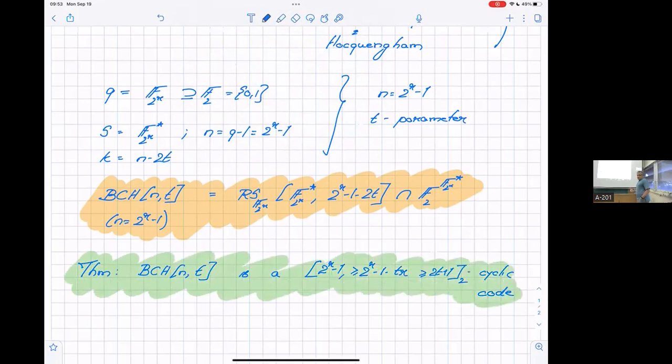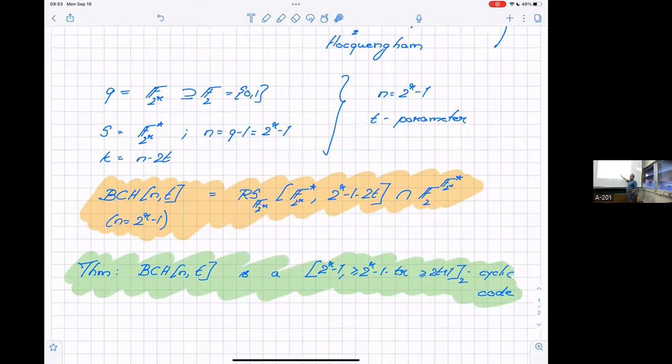Notice everything here we have proven, except that the block length is trivial by definition. The distance 2t plus 1 inherits from Reed-Solomon. Linearity is easy to check. Cyclic it inherits from Reed-Solomon. The only thing to show is this. Notice this is quite an amazing thing.